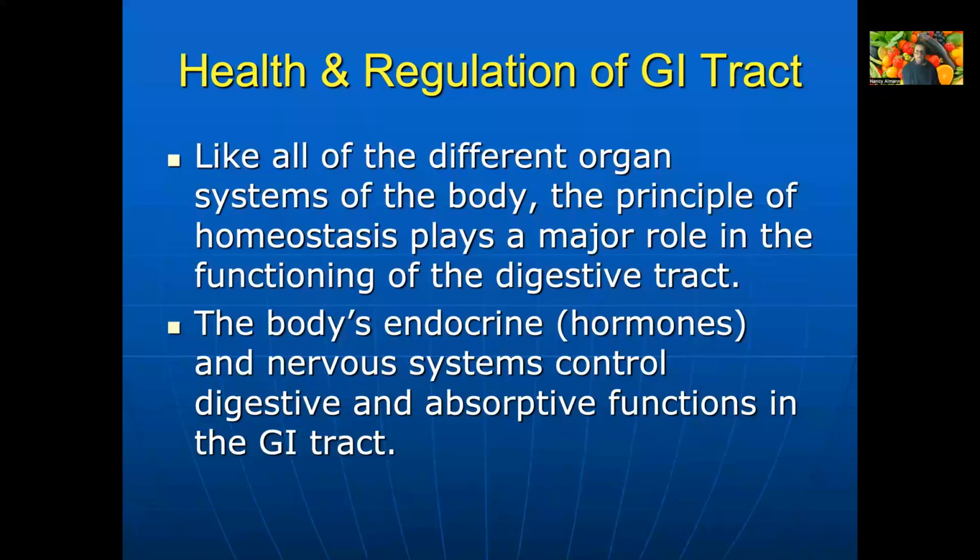The endocrine system releases chemical messengers known as hormones, and the nervous system, which is going to be controlled by neurons, work together to control both digestive and absorption functions in the GI tract.